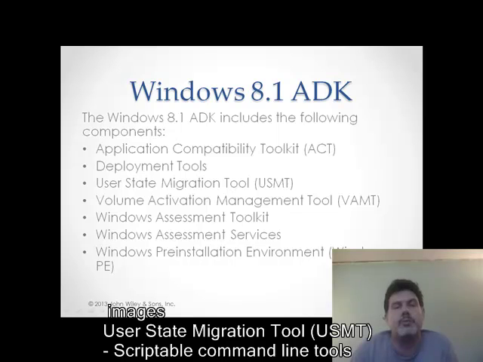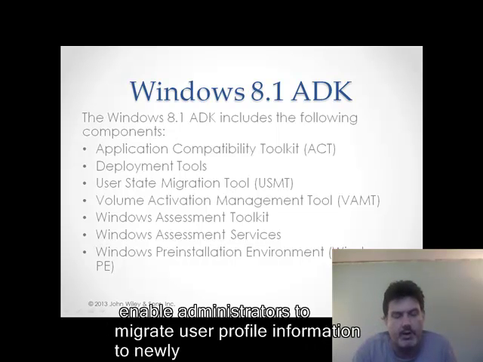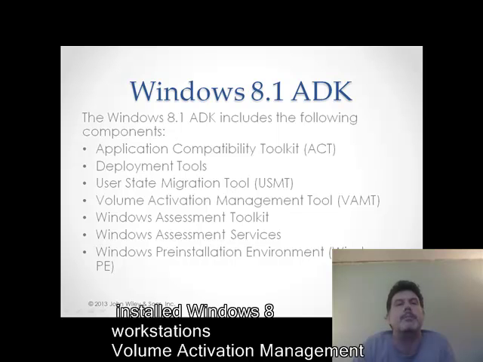It also comes with a suite of deployment tools which allows administrators to deploy Windows into a network environment without necessarily having to physically touch all of the systems at once. It's a very nice way to streamline the deployment process of the Windows 8.1 environment.